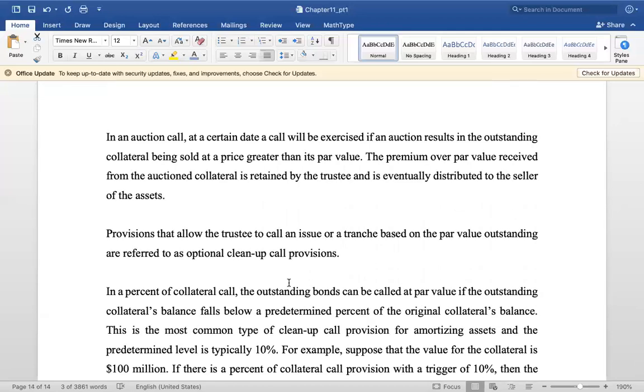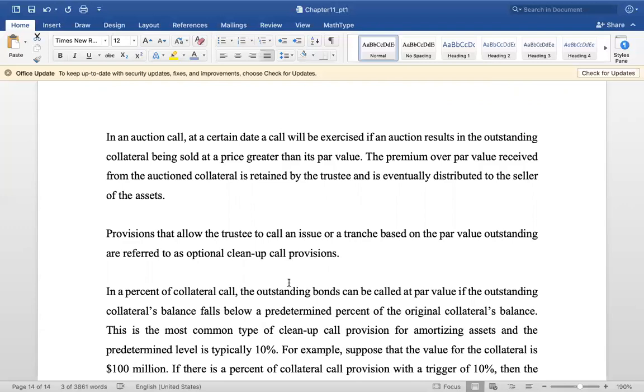In an auction call, at a certain date, a call will be exercised if an auction results in the outstanding collateral being sold at a price greater than its par value. The premium over the par value received from the auction of the collateral is retained by the trustee and is eventually distributed to the seller of the assets.